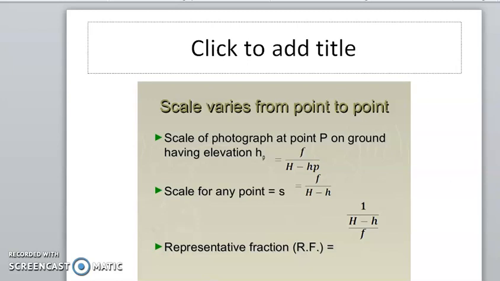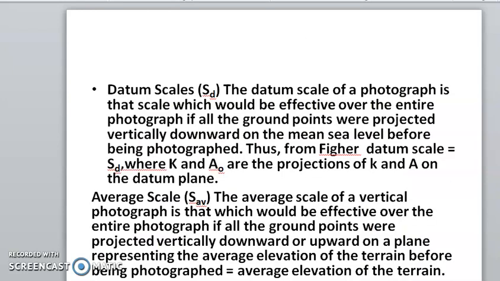Now we can see there are two scales in the vertical photograph, datum scale and average scale. The datum scale of the photograph is the scale which would be effective over the entire photograph if the ground points were projected vertically down onto mean sea level before being photographed. Thus, from the figure, datum scale SD, where K0 and A0 are the projections of K and A on the datum plane.